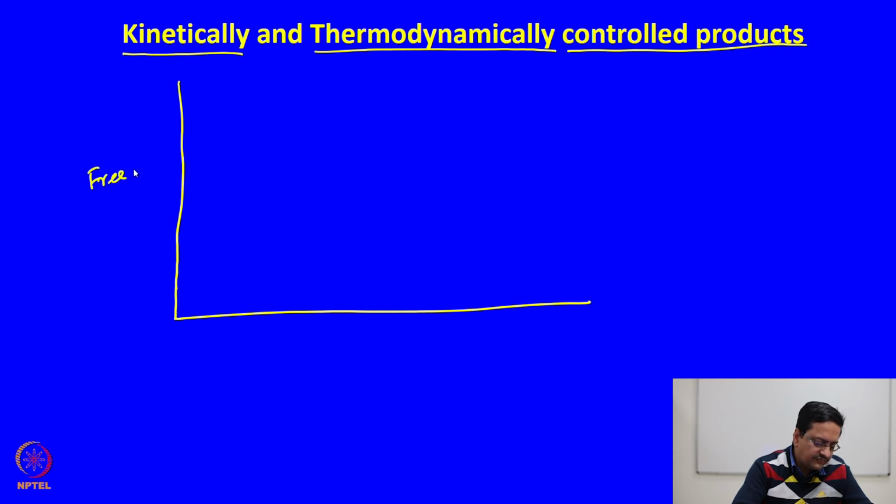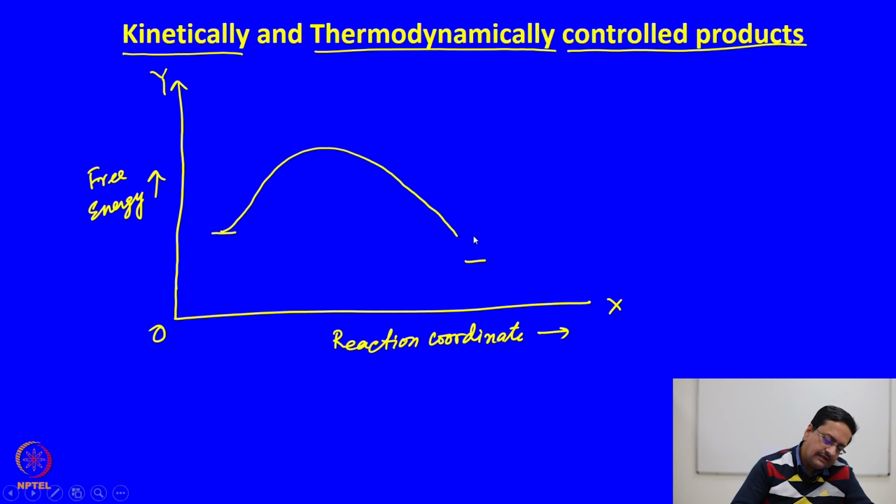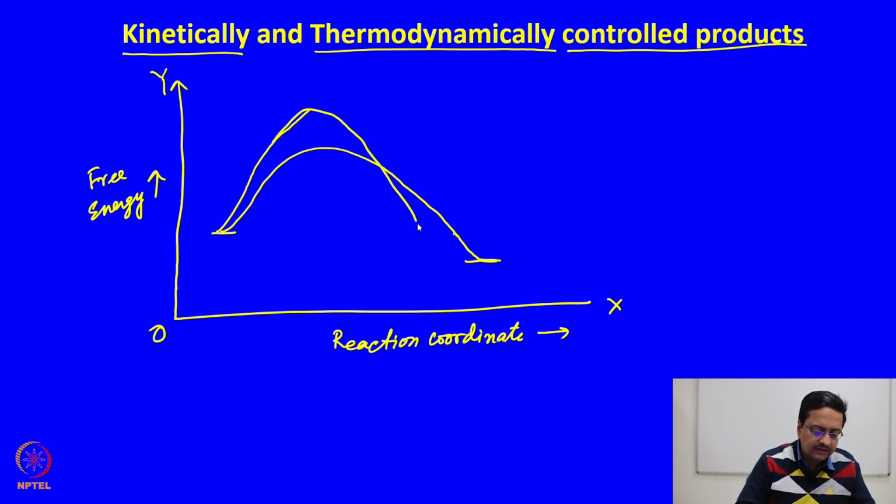When we again draw free energy on the y axis and reaction coordinate on the x axis, it may be possible that the reaction proceeds through a particular mechanism and gives rise to this product, and it may also proceed through a different reaction mechanism with a much higher activation barrier, giving rise to a different product.